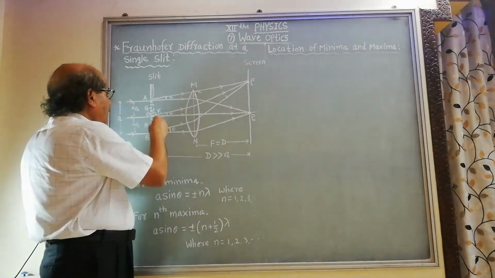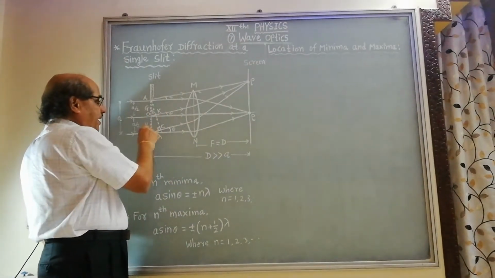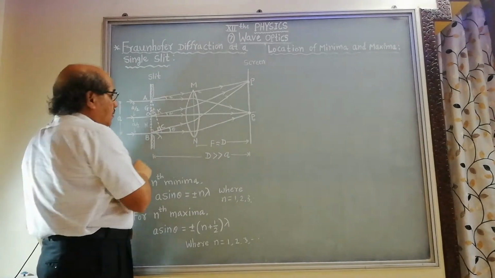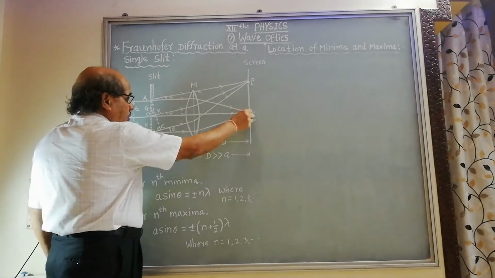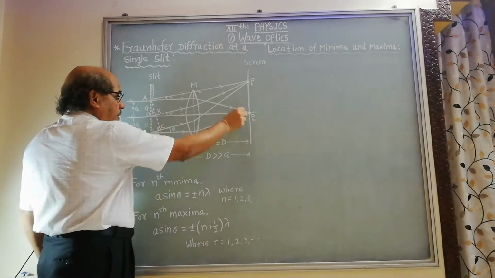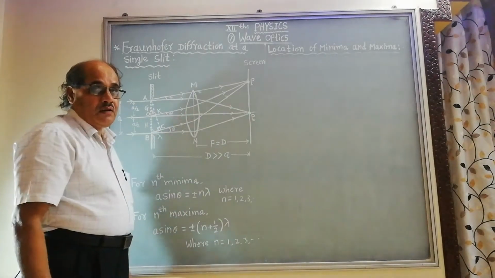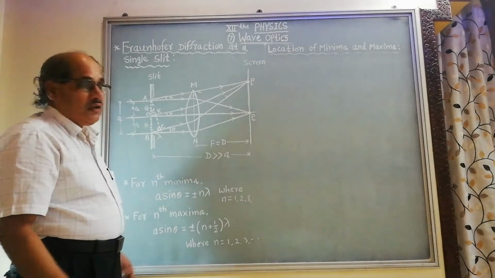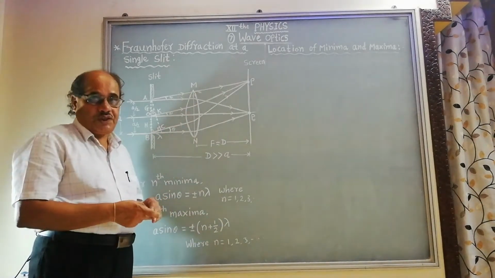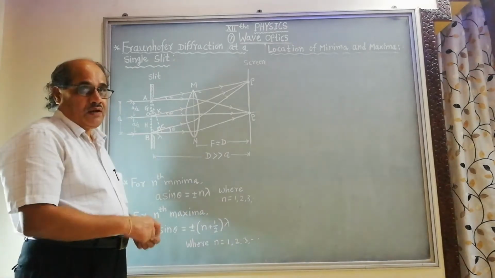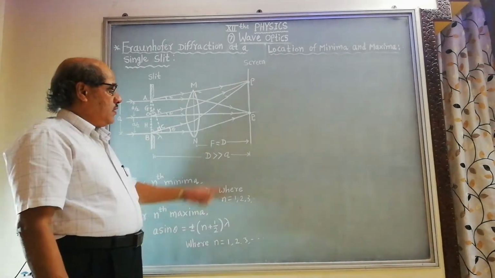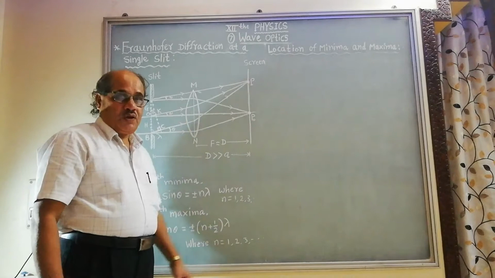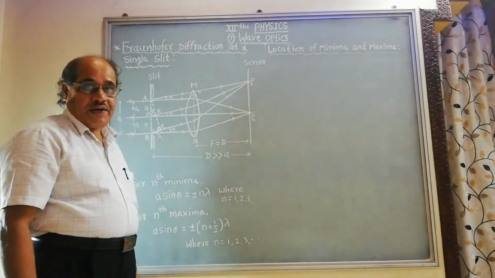Now if we consider the two extreme rays AP0 and BP0, the path difference between these two rays is equal to 0. Hence, the point P0 is a bright point.